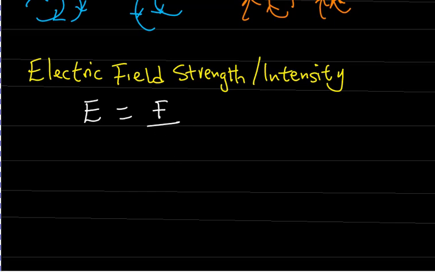Force per unit charge. Let me use small letter q. The unit of force is Newton and the unit of charge is Coulomb, so this is Newton per Coulomb. This is one formula for electric field intensity, so please take note of that.